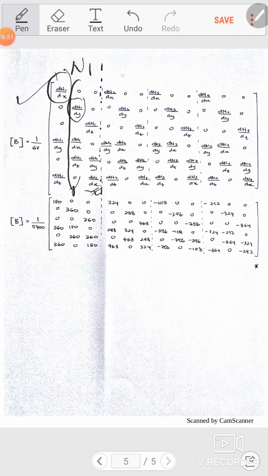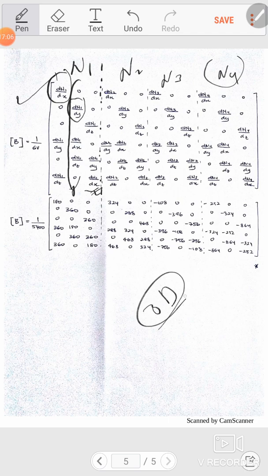And this is node number 2, node number 3, and this is node number 4. As I said before, each node has 3 columns, because I'm working on a 3D solid. So just substitute, and this is the final solution for the B matrix. That's all. Thank you so much for kindly watching.